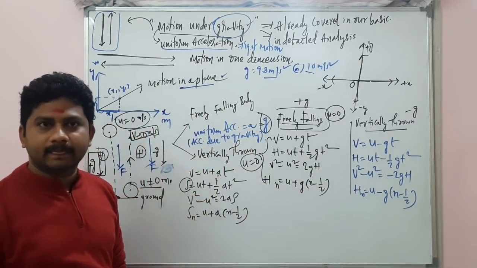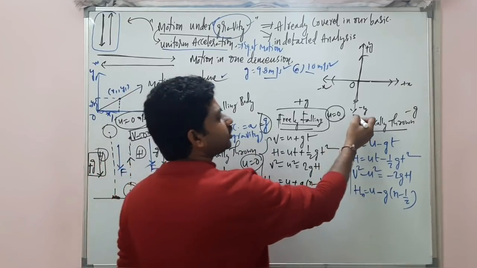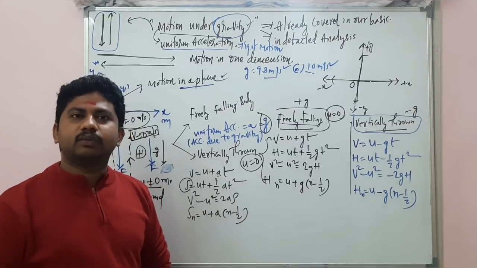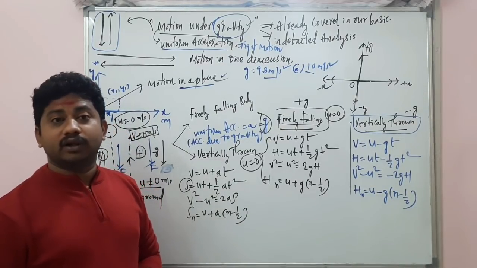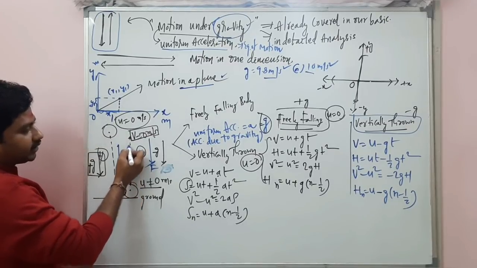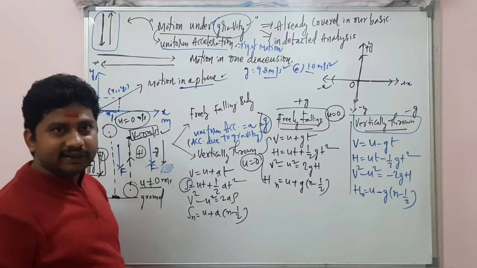That's it. Okay. Now, as it is vertically thrown, what is the final velocity of the body after reaching the maximum height? Look at here. After reaching the maximum height, the final velocity will be 0. Okay. Clear?